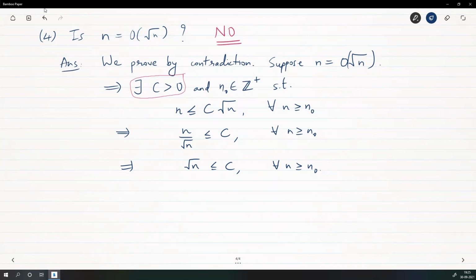So now how do you contradict this? Well, you just pick a choice of n for which this is not going to be true. Since we have a square root, in order to make this an integer, we can choose n to be the square of some number. I don't know what n naught is, so I have to be a little more careful.